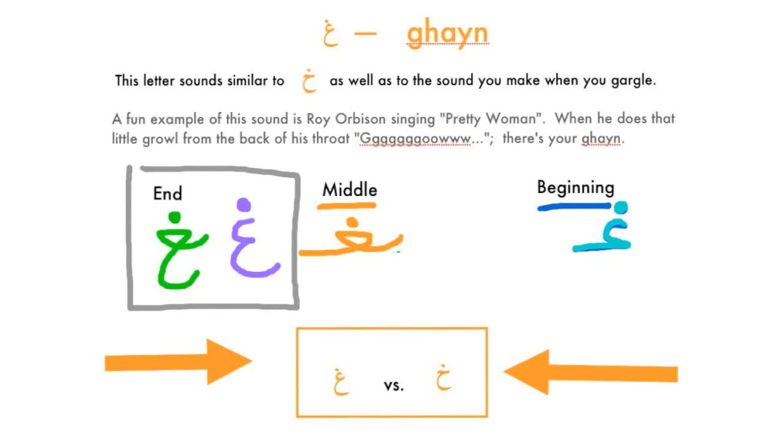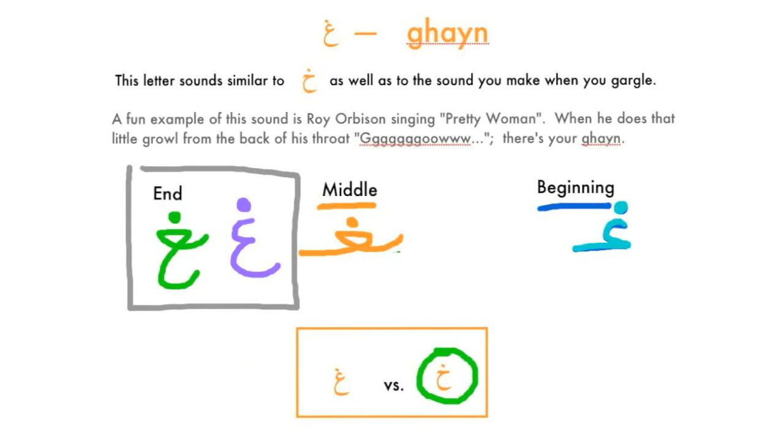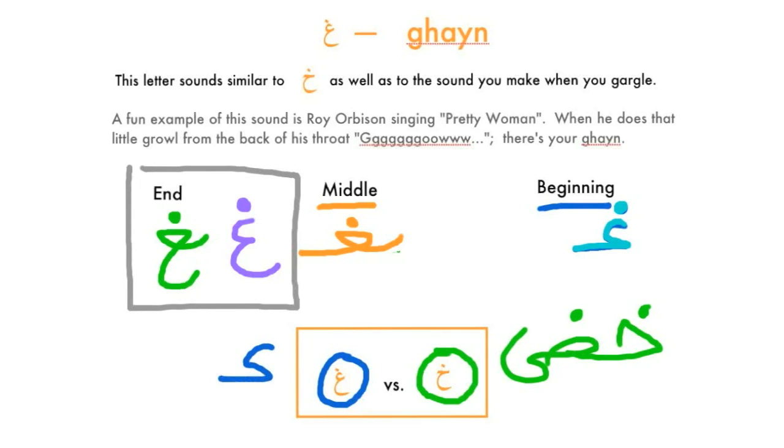Now let's take a look at Ghayn versus Kha. First word is Khad versus Ghad with Ghayn. Once again, Khad with Kha versus Ghad with Ghayn.